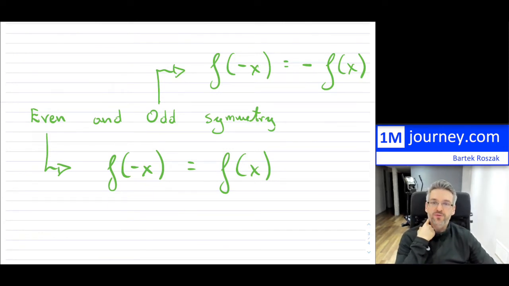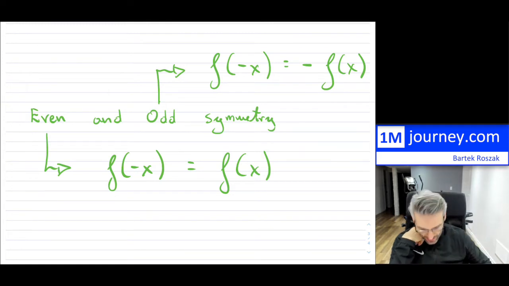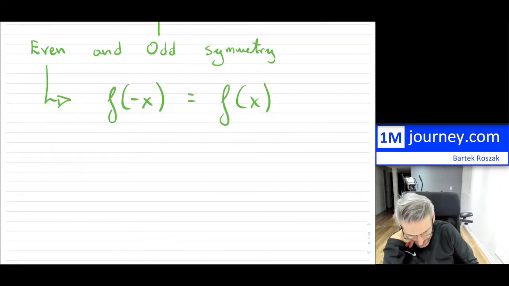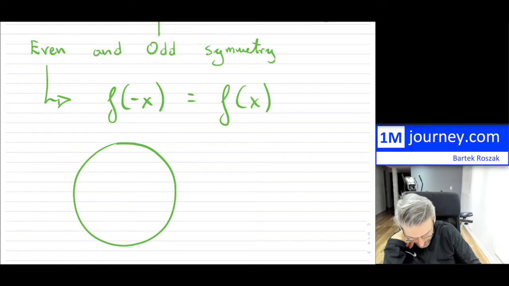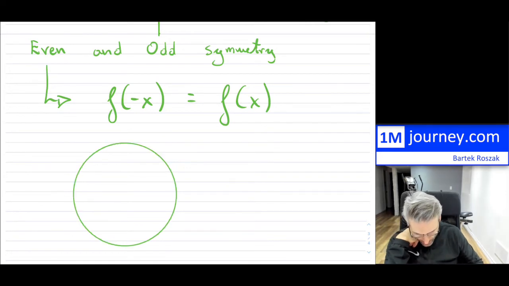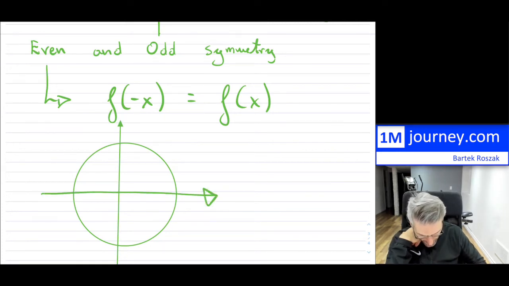So now in terms of trigonometry, which one is even? For this, if you think back to the unit circle, the unit circle kind of gives it away, right? This is not going to be a perfect unit circle, but I just want to do it quick here.